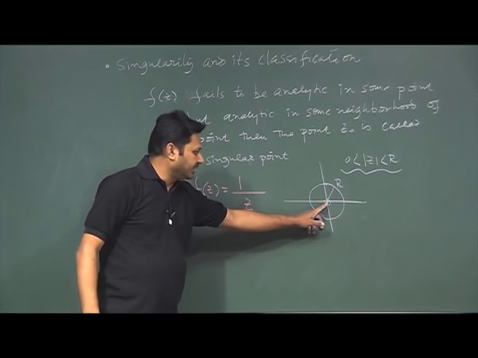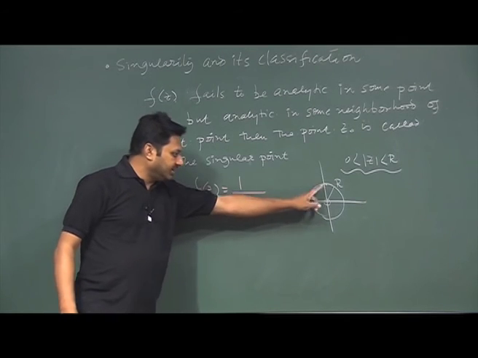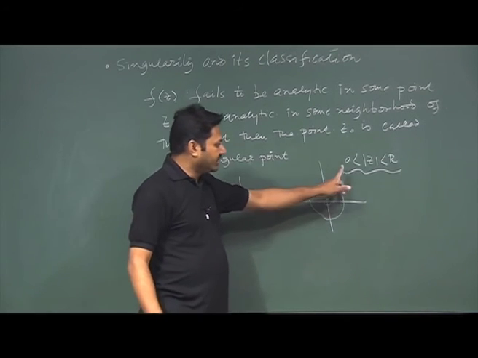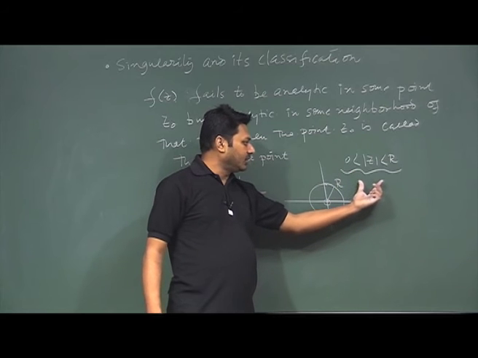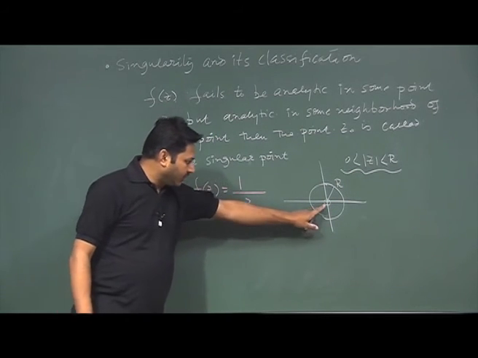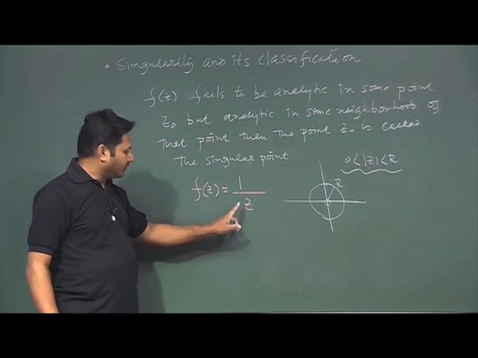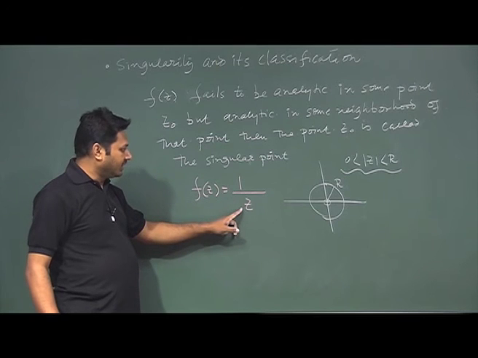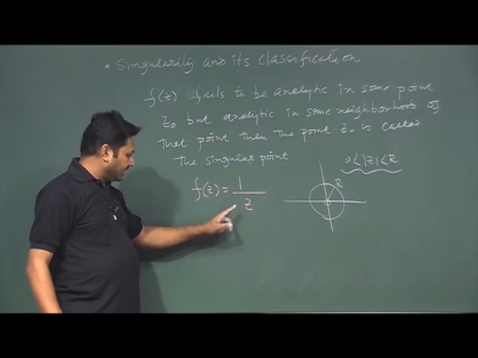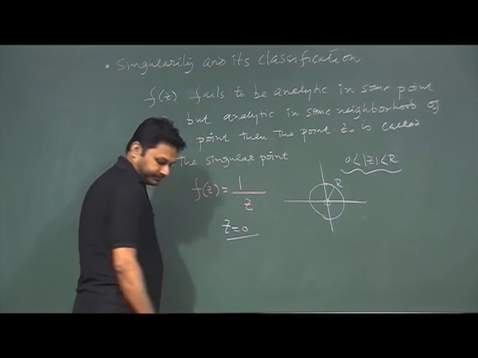I just delete this 0 point, then this function is analytic in this region. In this region, 0 less than mod of z less than r, the function f(z) is analytic. However, at that particular point 0, the function is blowing up. So, the function should have singularity at that point. Here the singularity is at z equal to 0.